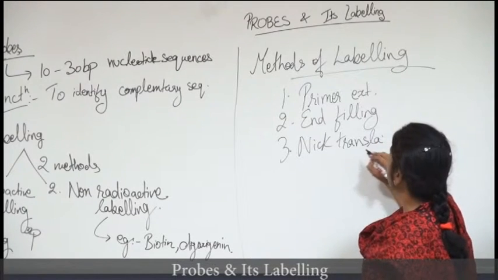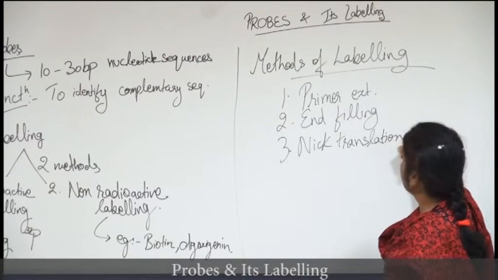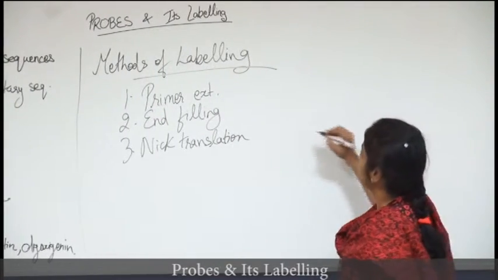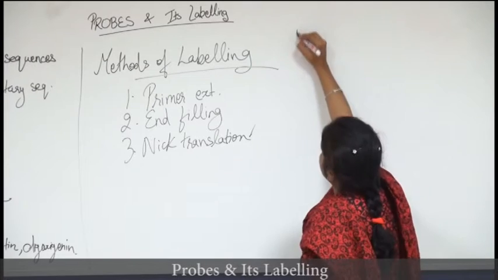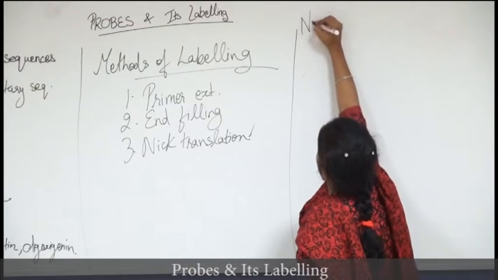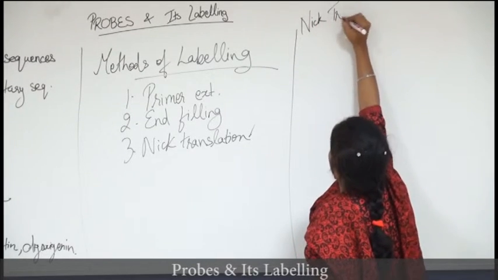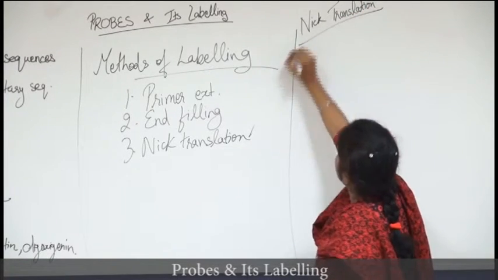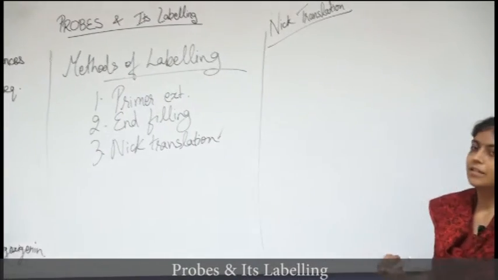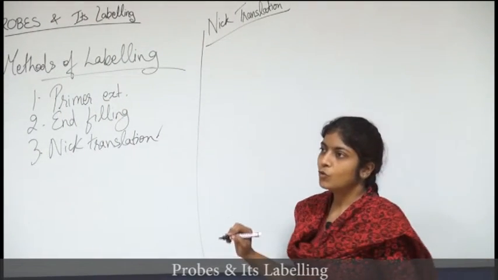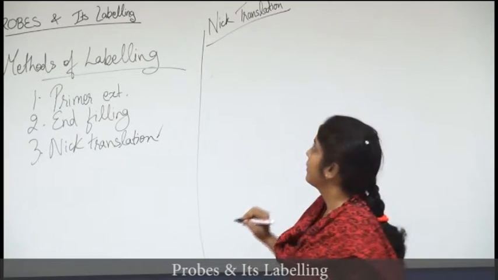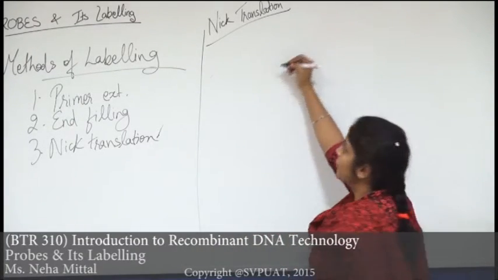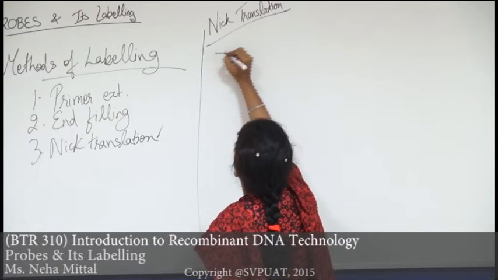Among these methods, we will discuss nick translation in detail. Nick translation is the most commonly used method of labeling, and the steps involved in the complete process are as follows.